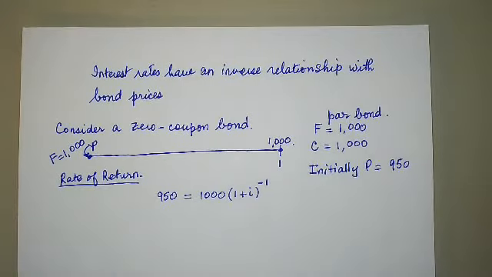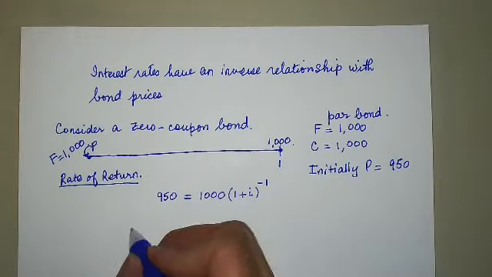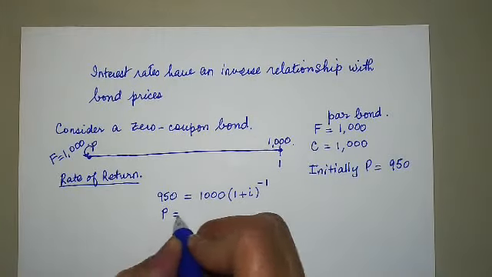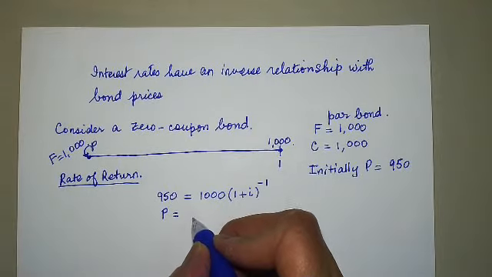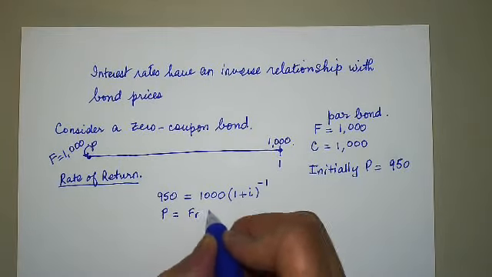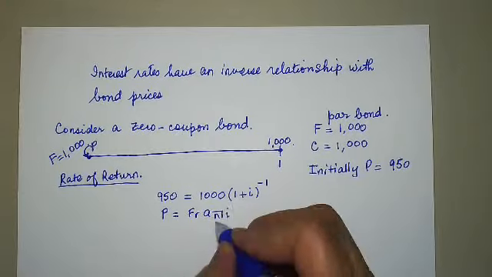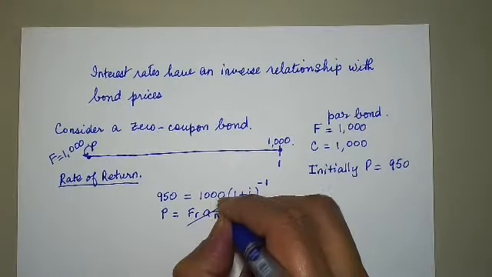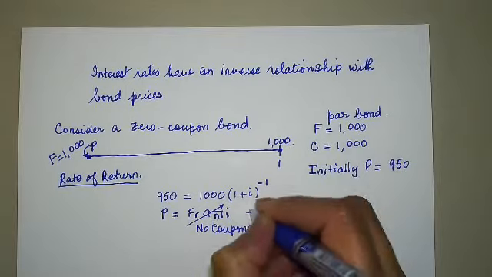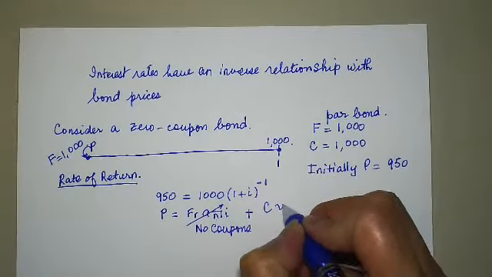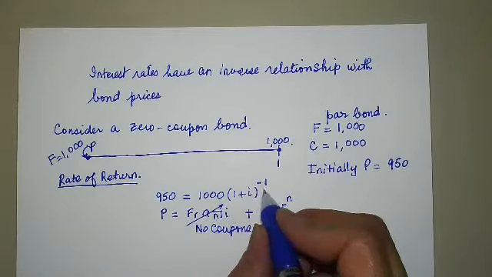So I have two ways to look at the situation. I could say that it is equal to my price formula, which is just P equals F r a angle n at i, which is all 0 because Fr is 0 because there are no coupons at all. So F r a angle n at i, n is 1 here, is 0 because there are no coupons, plus C v to the n.